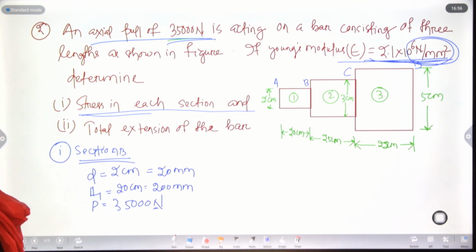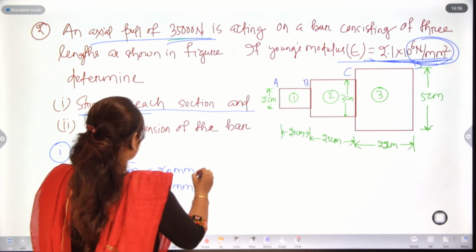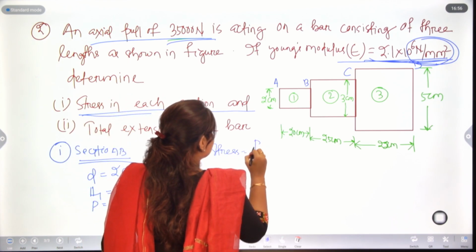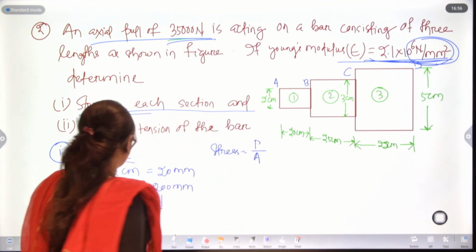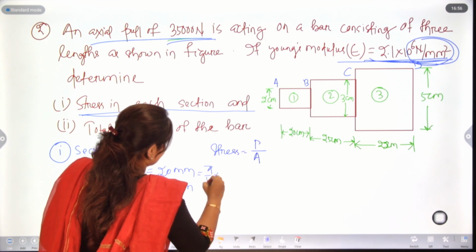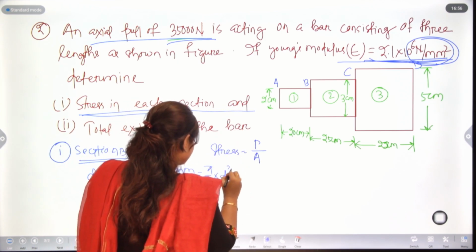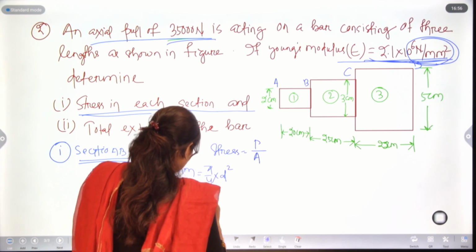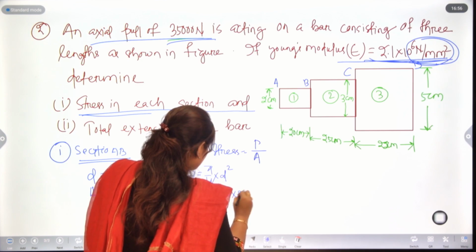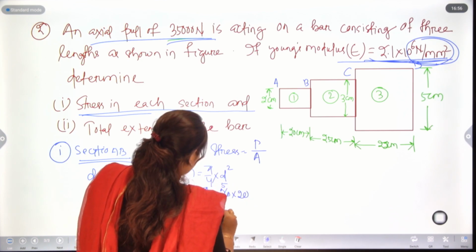Next, to calculate stress, we need P upon A. To find the area, using the formula for a circular section, pi by 4 into 20 into 20 equals 100 pi.